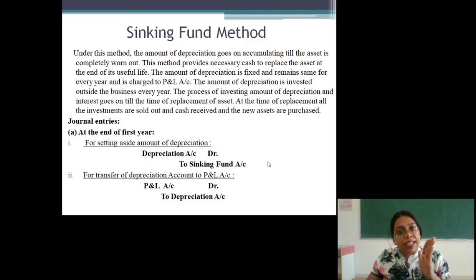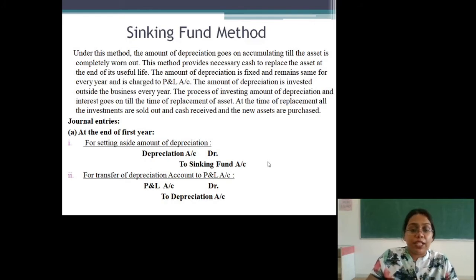This process of investing the particular amount of depreciation in some other mode of investment, which gives interest, goes on till the time of replacement of the asset. This process of investing the amount of depreciation and bringing the interest to the company goes on till the asset is replaced by the company.